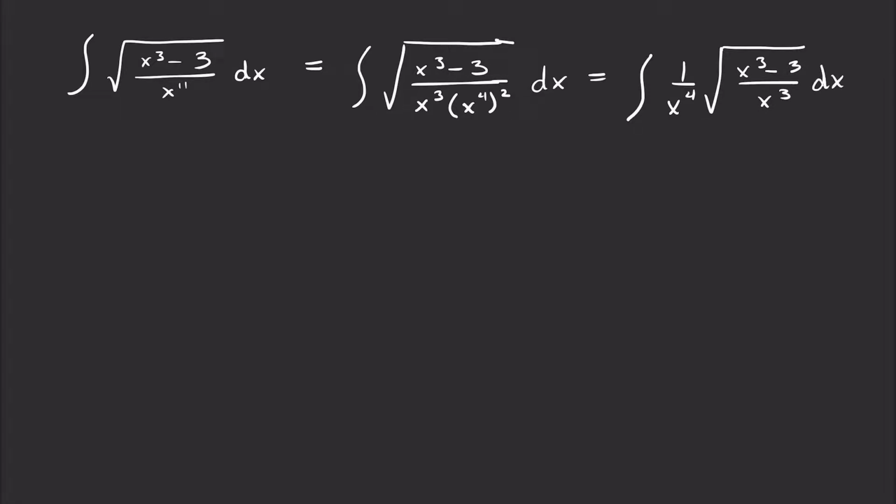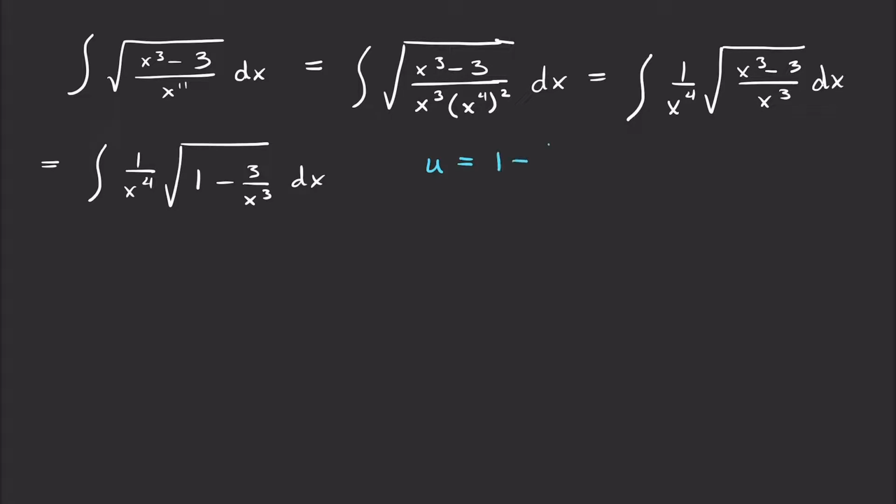Okay, so now we can reduce this just a little bit more, and we're going to get the integral of 1 over x to the 4th times the square root. We're going to separate this fraction, so x cubed over x cubed, that's just 1, and then minus 3 over x cubed, that's what's left, times dx. And now we're ready to do our u-substitution. So again, we're going to let our u be the argument of our radical.